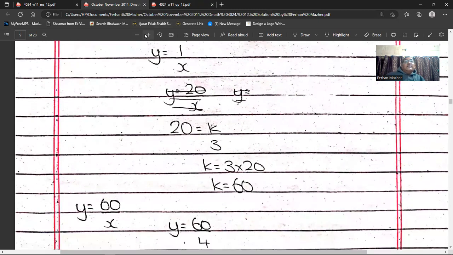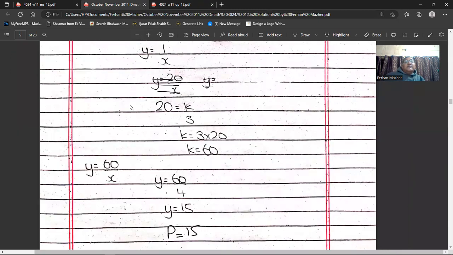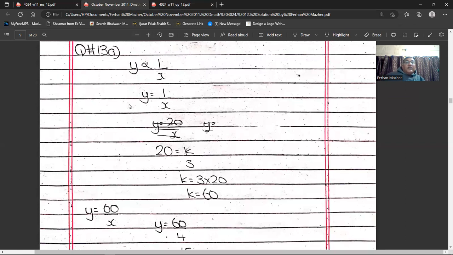So the formula will become Y is equals to 60 by X.